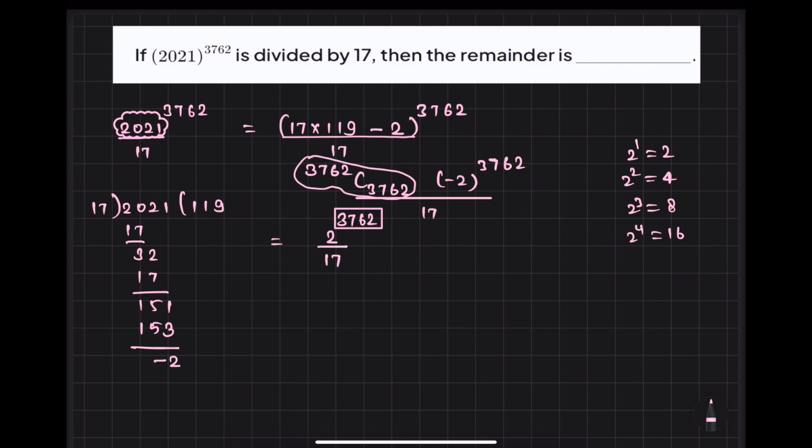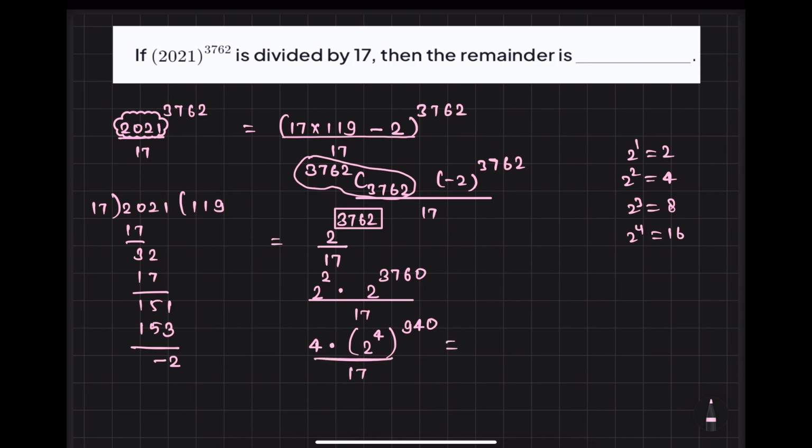You know that 60 is divisible, not 62. So can I segregate 2 power 3762 into 2 power 3760 by 17? Now can I write 2 power 2 as 4 into, I will take 2 power 4 common, so we will have 2 power 940 by 17, correct? Now be super slow.